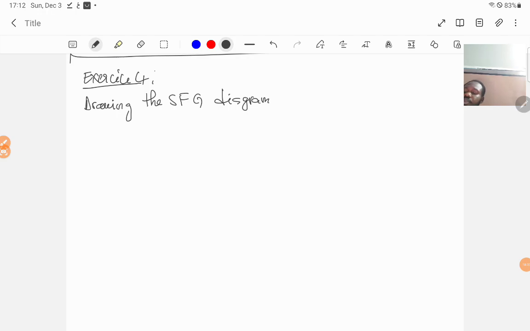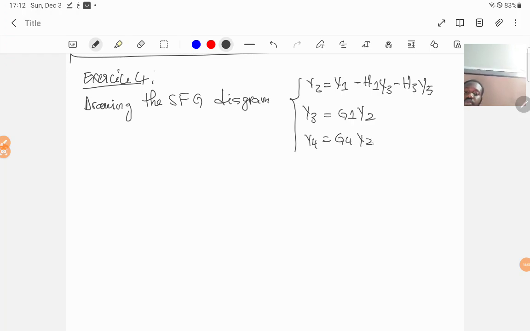So we have this information in here. Minus h1, y5, y3 equal to g1 y2, and y4 is equal to g4 y2 plus g2 y5.